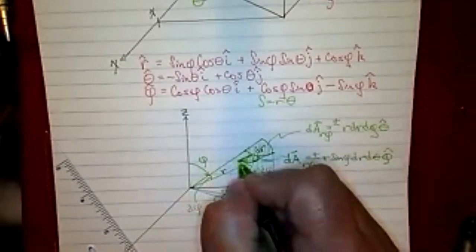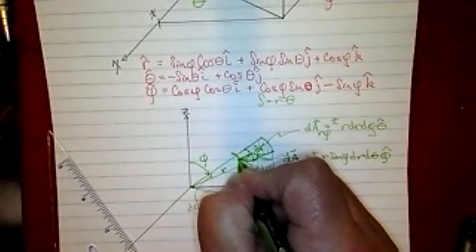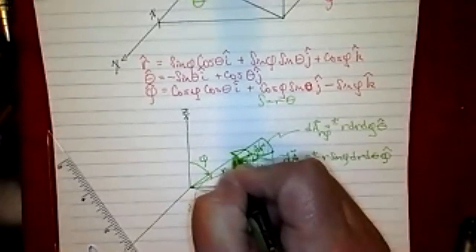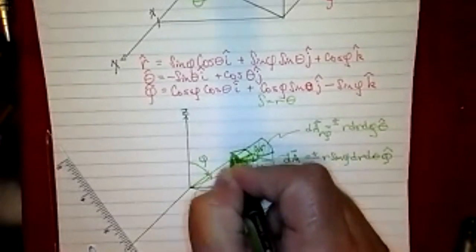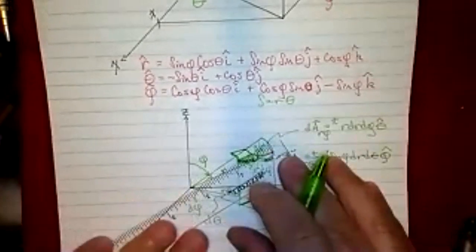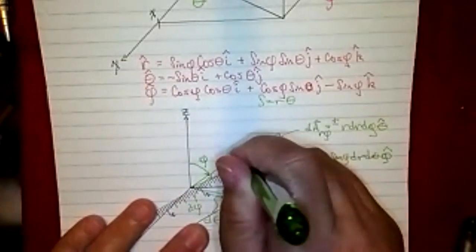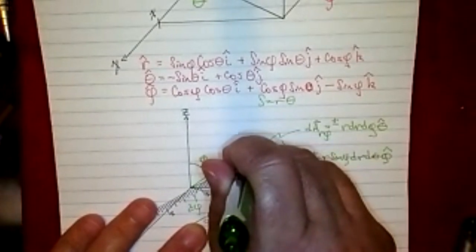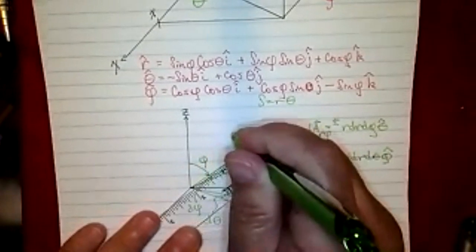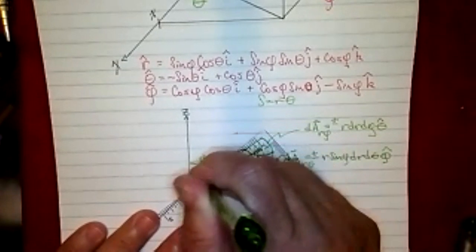So when phi changes and theta changes, I think you can see you're going to get this little bit right here. So that face right there can be represented by this little line going back to here, and this little line going back to here.